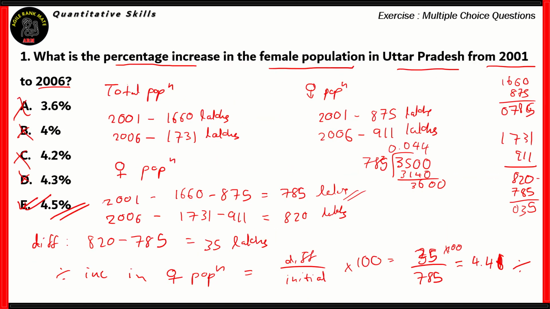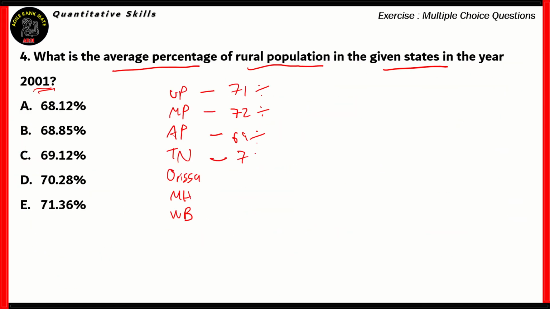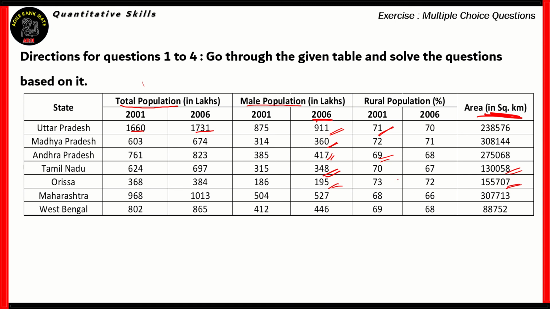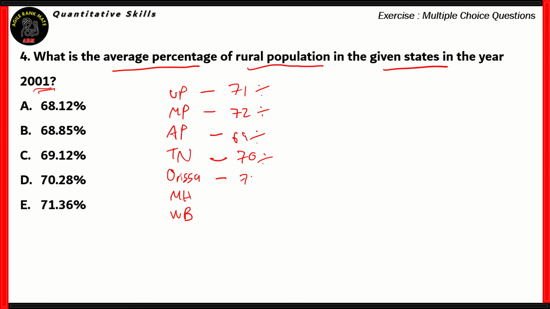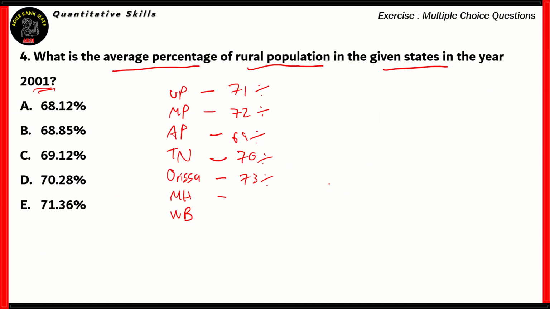For the state of Tamil Nadu, the percentage of rural population is 70. For the state of Orissa, the rural population percentage is 73. For the state of Maharashtra, the rural population is at 68%. And for the state of West Bengal, it's at 69% in 2001.